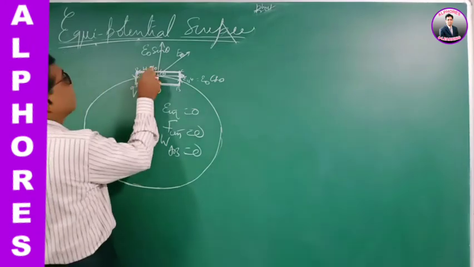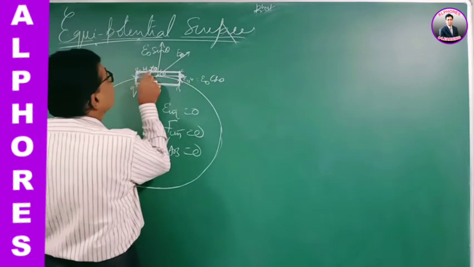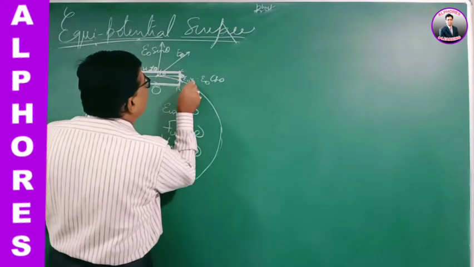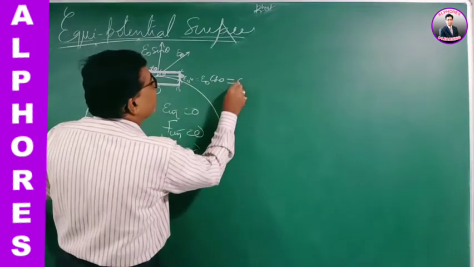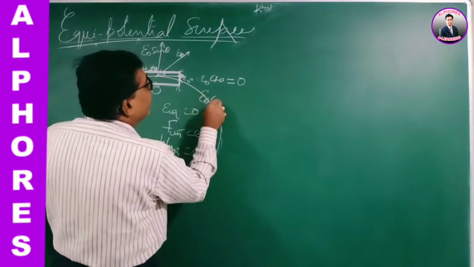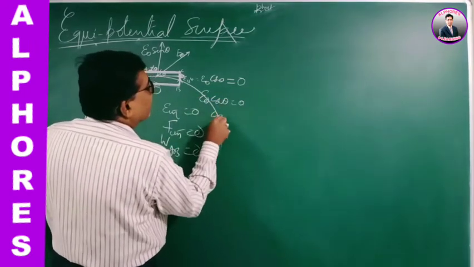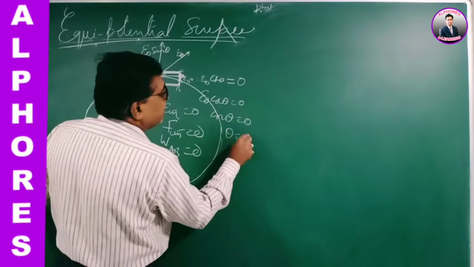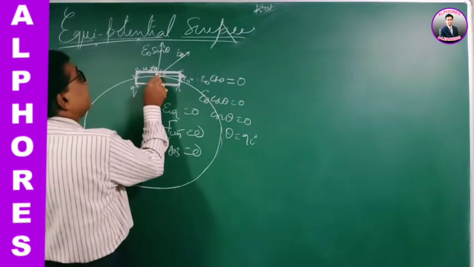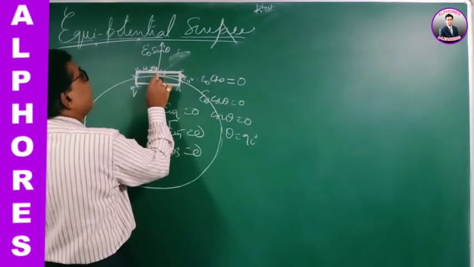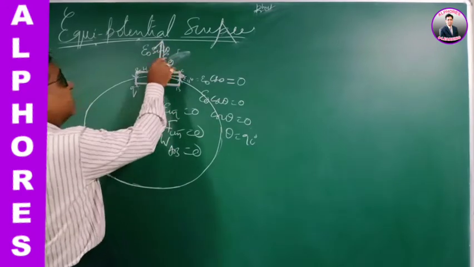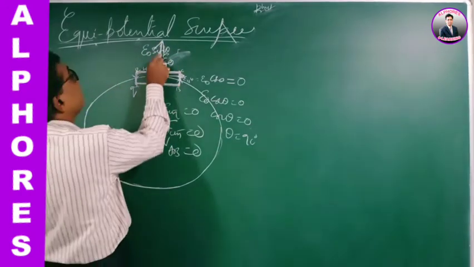So for the work done in a closed path to be 0, there must not exist any parallel component. So this parallel component should be 0. So E naught cos theta is 0, or cos theta is 0, theta is 90. So the electric field is not in this direction, it should be in this direction. So the electric lines of force are normal to the surface.